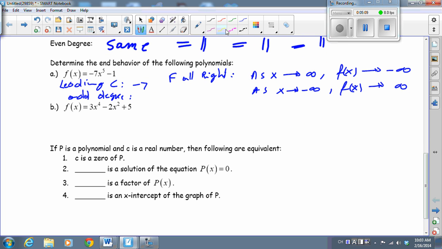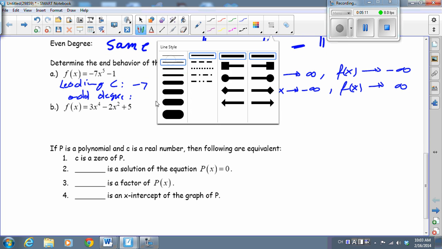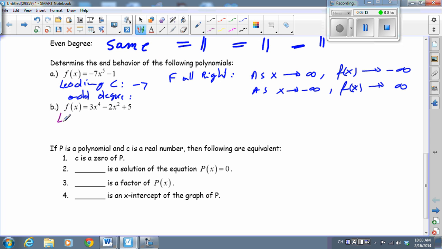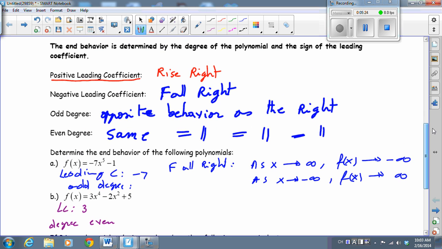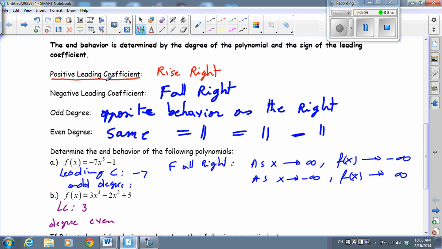Let's look at the next one. The next one has a leading coefficient of 3 and the degree is even. The leading coefficient of 3, if you go back up here, is positive, so it will rise right.